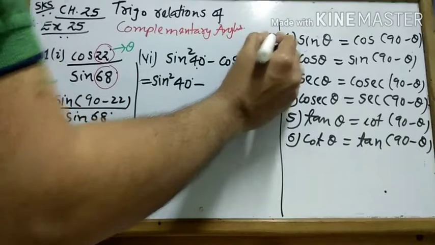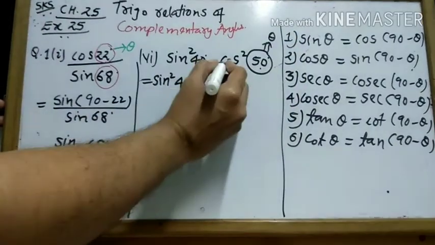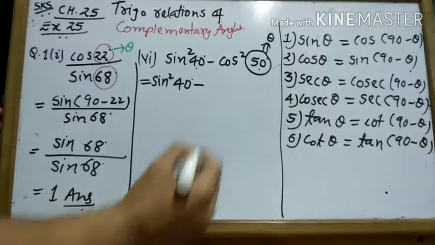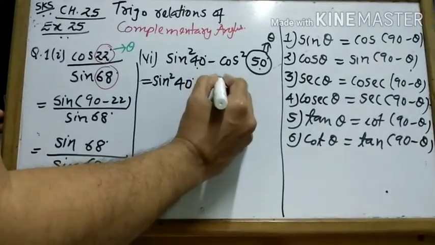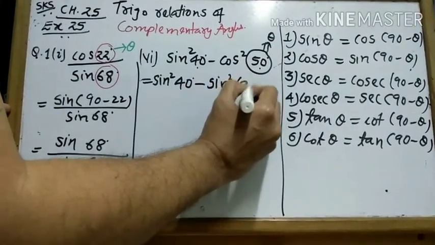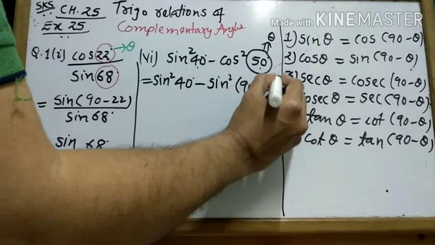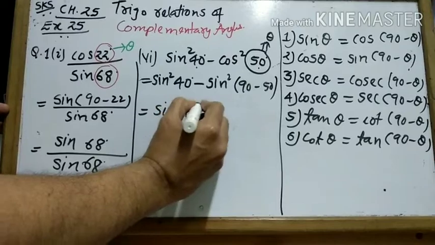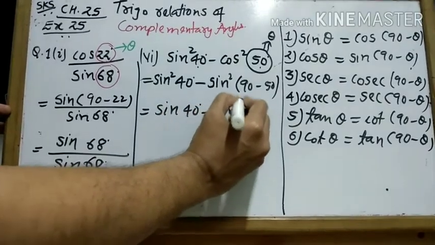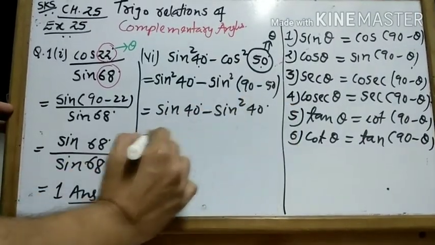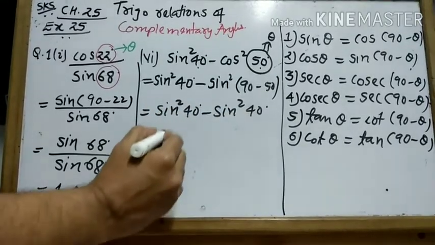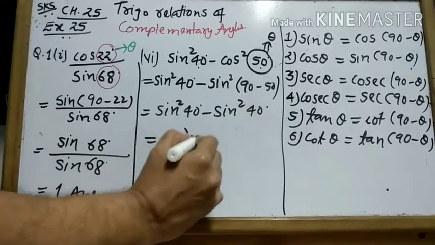So cos square 50, cos theta, will be converted as sine square 90 minus 50. This becomes sine square 40 degree minus sine square 40 degree. You can see a number subtracted from itself, the answer is 0. So this is your answer.